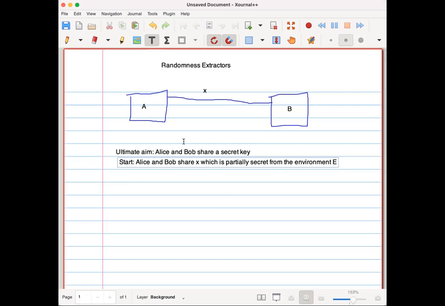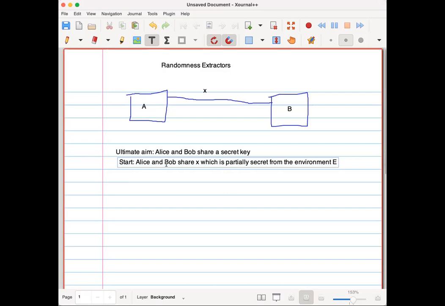X can be thought of as maybe some imperfect shared randomness. Yeah, you are right. Or maybe the seed of some hash function which is supposed to be kept secret. No, not the seed. The seed will come later.